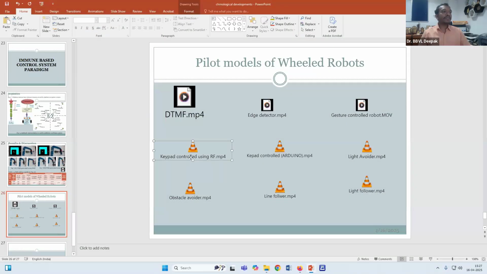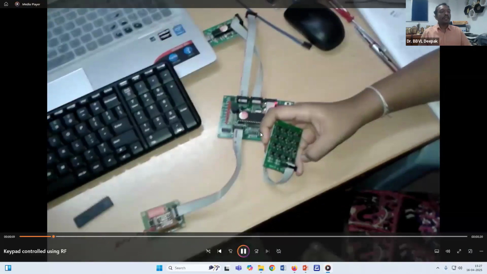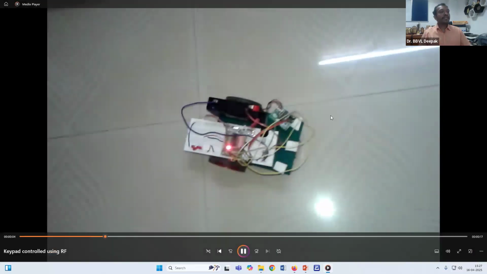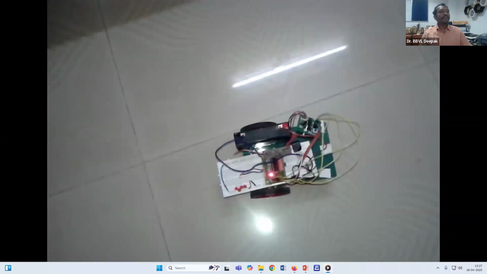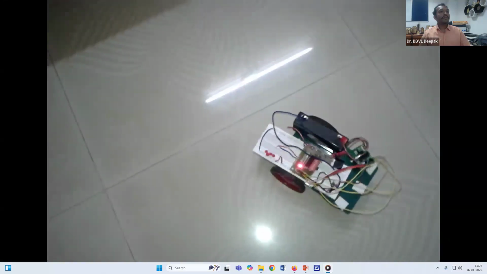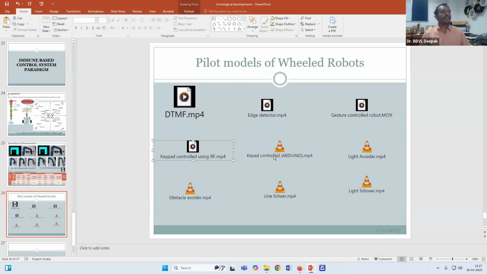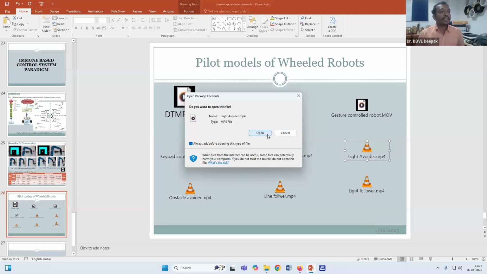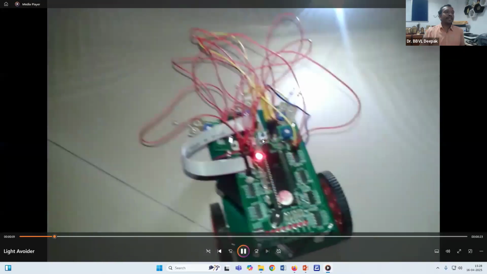Then of course this is like keypad control, just like DTMF initially. Then there is the light avoidance robot: if the light is there, it maintains a certain distance.